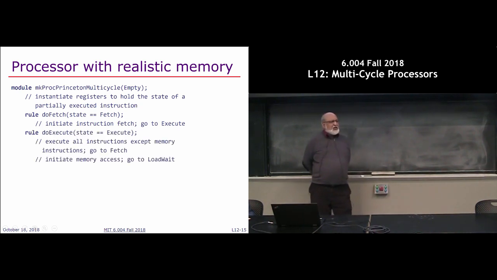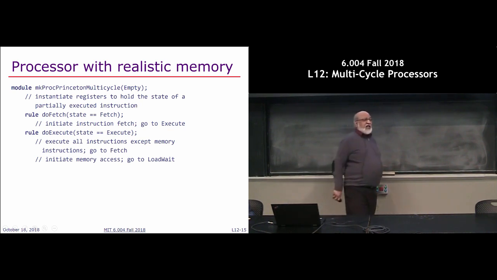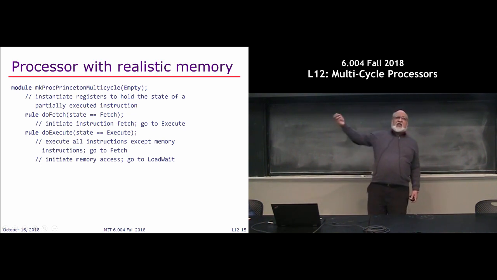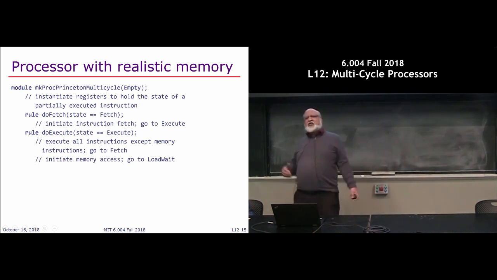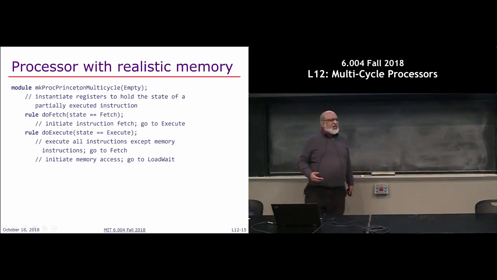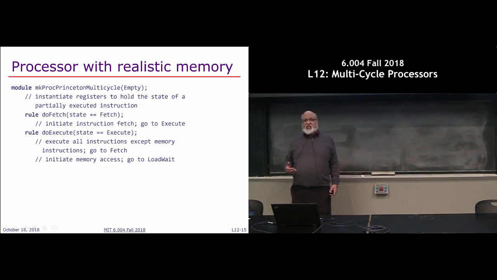And what does execute do? Execute is going to wait until it gets a response from the memory, right? And once it has that instruction, it can go and decode, do the register files, etc. It can do even the execution, but what it cannot do is the memory instructions, right?